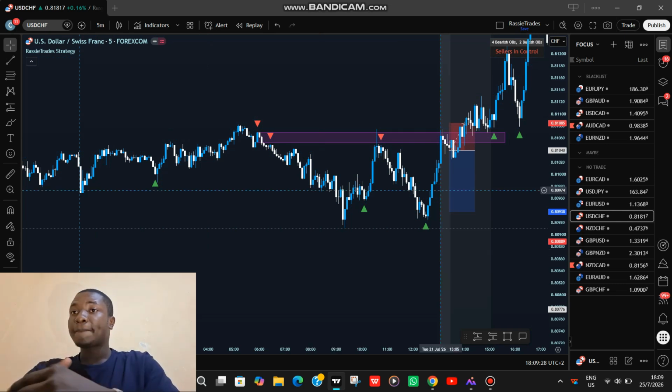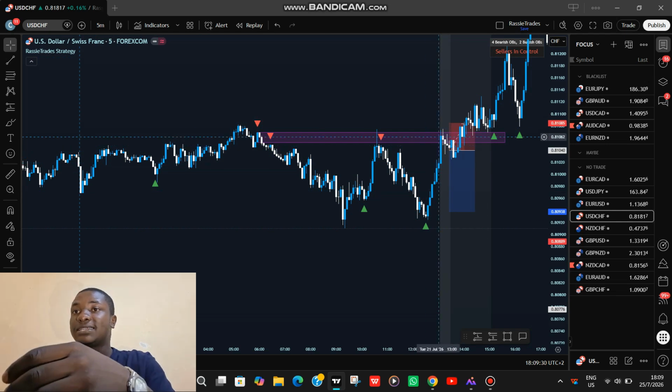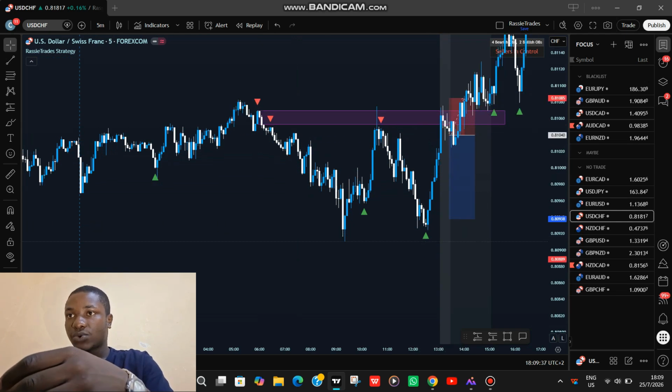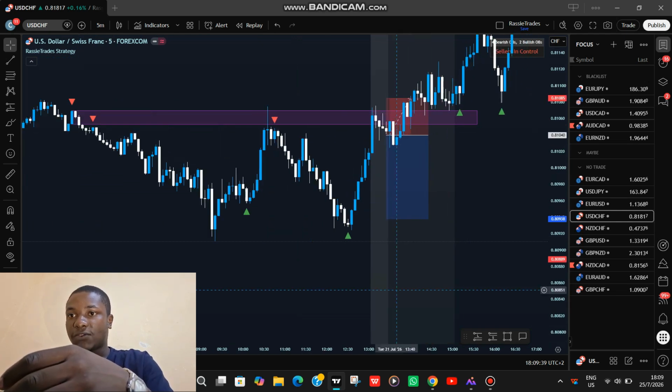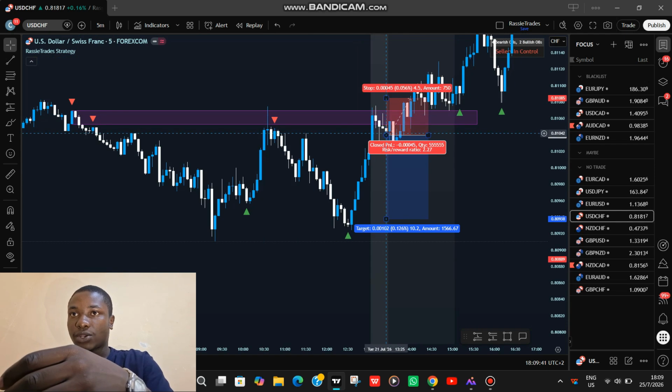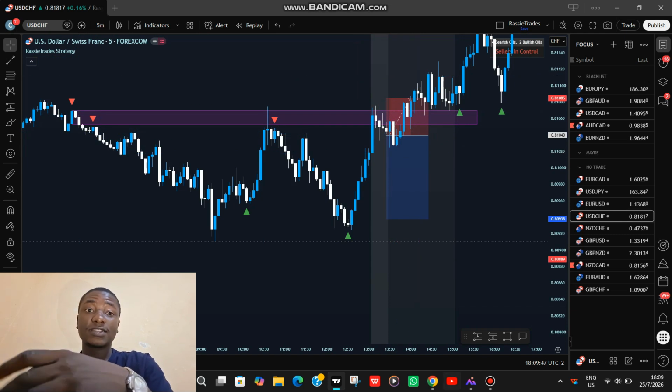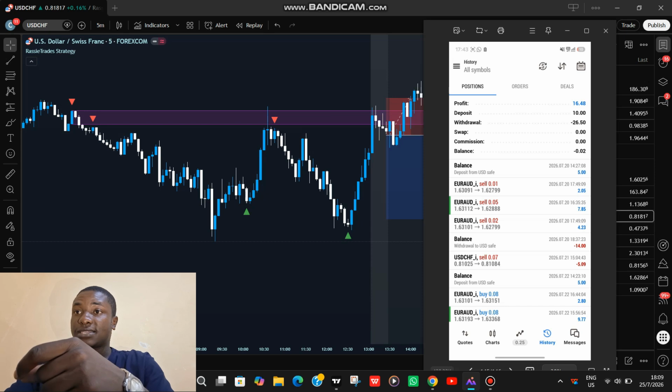When the market opened, it retested my order block, which is this one that I marked out. Then it showed some bearish closure below here. Then I entered. Soon after entering, it reversed and took me out, and that's this loss that I took here on USD CHF on the 21st, which was on Tuesday.